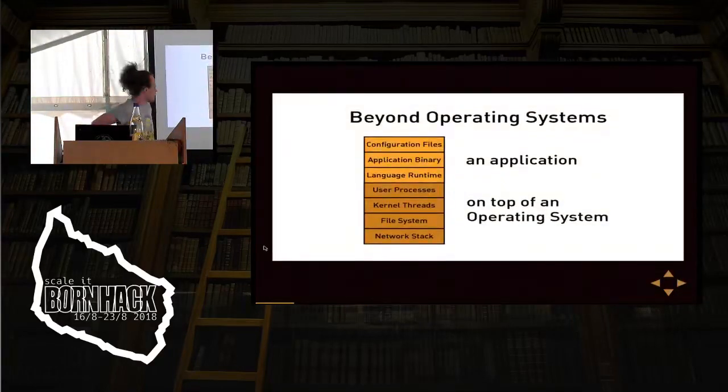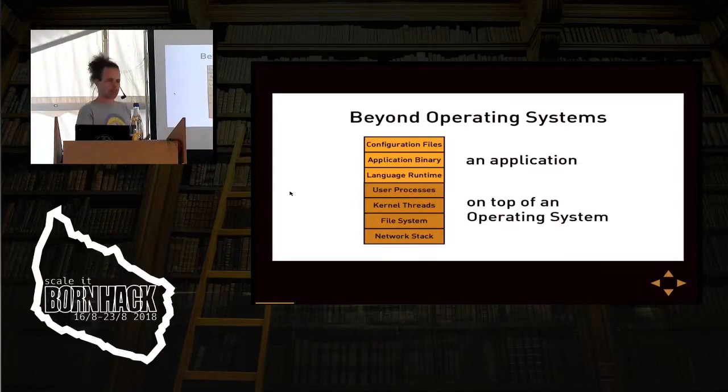I like this visualization of a stack of what we currently use as a service. So we use applications. The application is just on top here, and the application consists of some configuration files distributed in your file system somewhere, then an application binary, and the binary is likely a dynamically linked binary or an interpreted Python script or something like that.